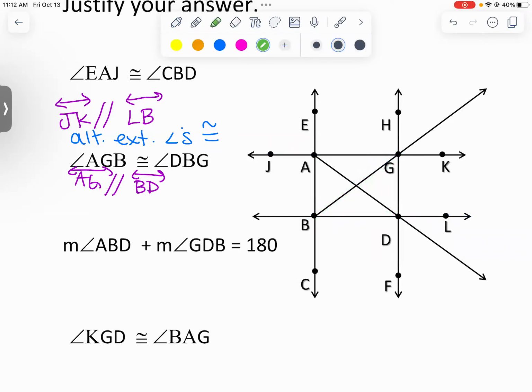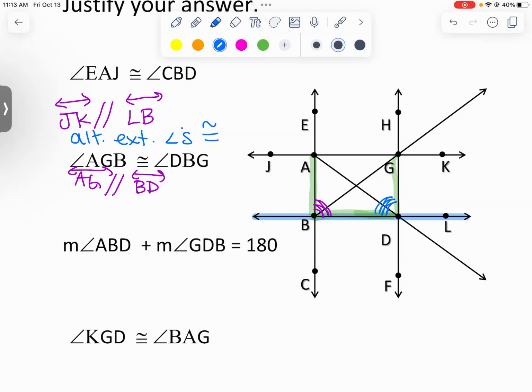All right, our next one, ABD and GDB. These two angles are supplementary. So which one is our transversal? BD, whatever. This one right here is the transversal because it's touching both of those angles.